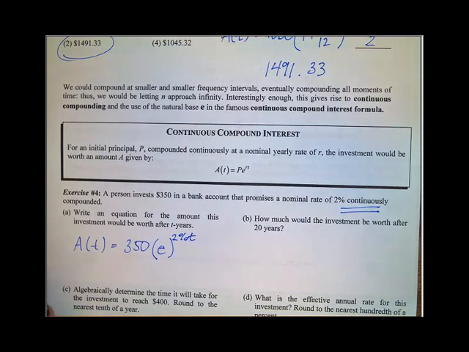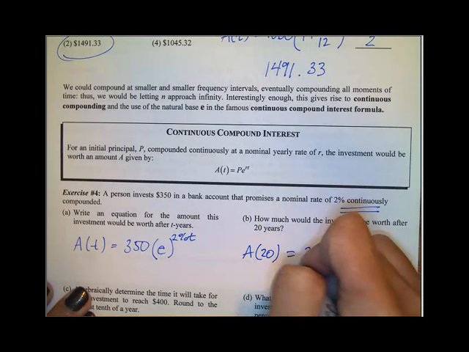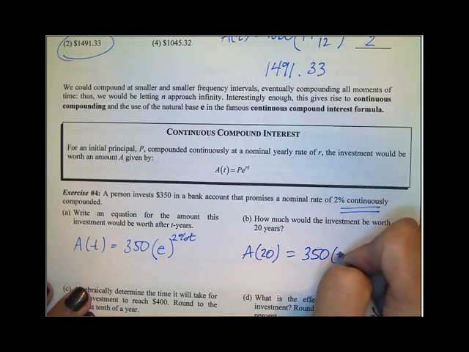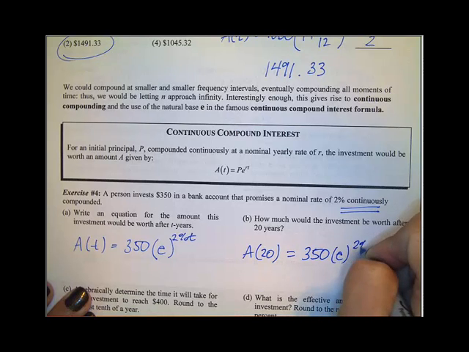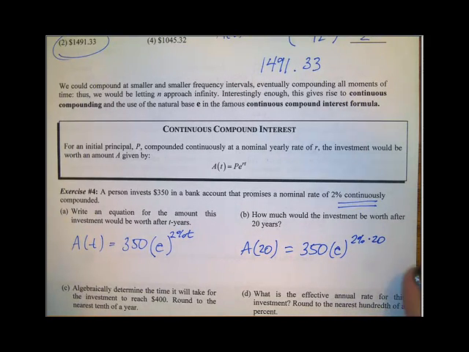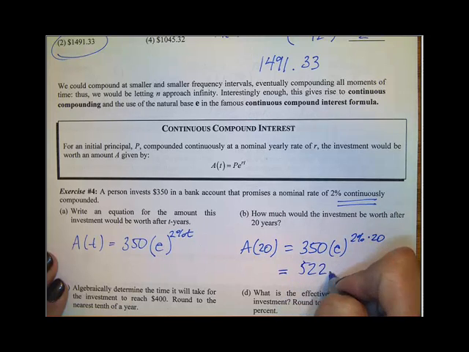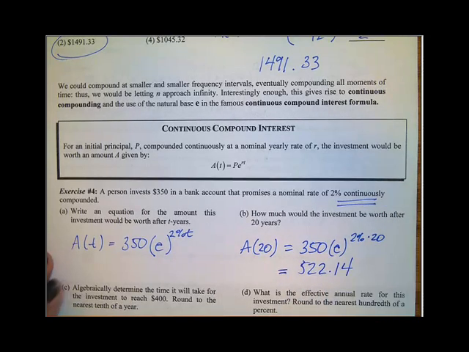So in part B, they give us 20 years. So we're finding A of 20 is 350 e to the 2% times 20. Go ahead and plug that in the calculator, pause the video while you do that, and you should get an answer of $522.14.